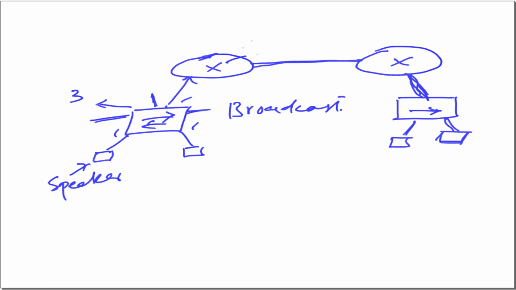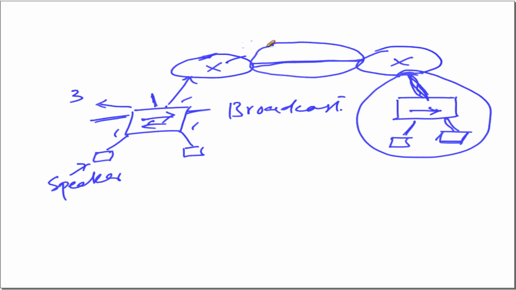As I mentioned earlier, this is one collision domain because the hub is not breaking the collision domain. Over here we have a switch, so as many collision domains as the number of connected hosts on the ports. And in between the two routers, we also have a separate collision domain and a separate broadcast domain.